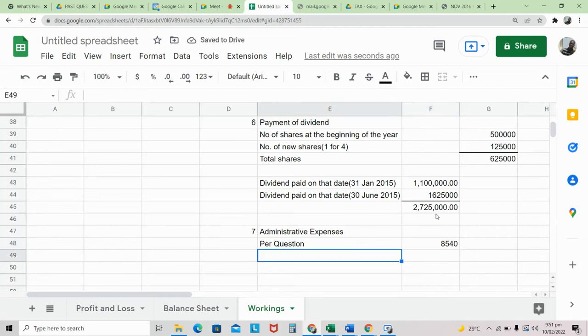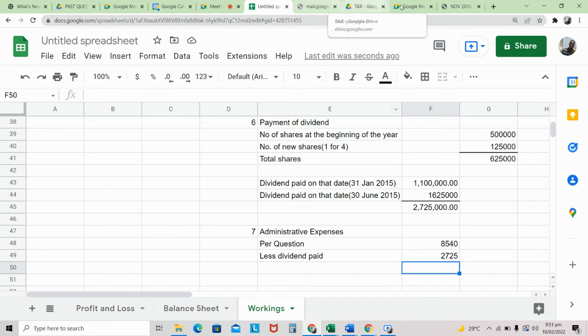Now we have to take out the dividend that was paid, because they included it. So it will be 2,725. They included this, so we have to take it out. That's fine.